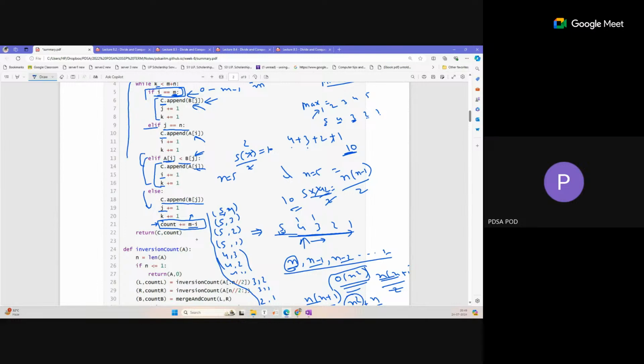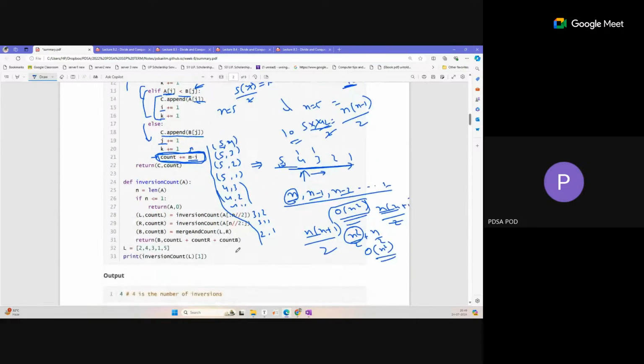So by only this modification, we are also getting the count information, and we are not changing anything in our process. All the remaining processes are exactly merge sort. And we get this count from every recursive call, and finally we add up what count we get from every recursive call, and you will get the total inversion pairs from the algorithm.